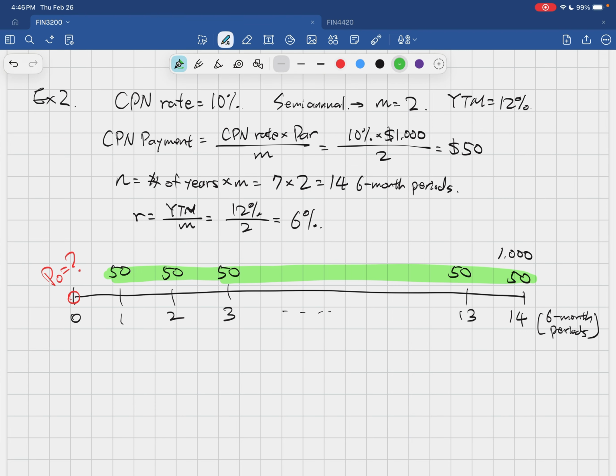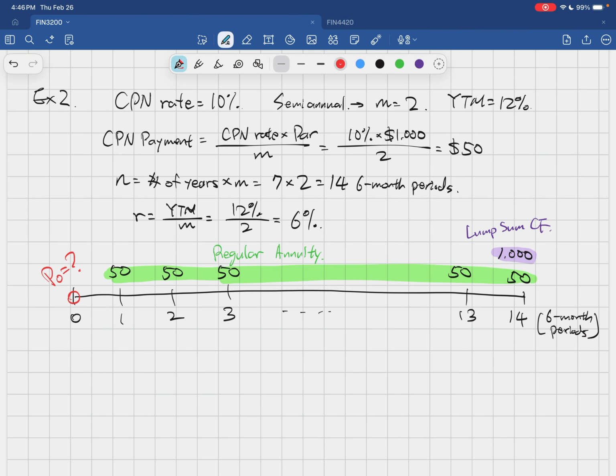This is a regular annuity. Okay. And the cash flow that remains is the $1,000. This is a one-time cash flow. We'll call this the lump sum cash flow. Okay. So the present value of this entire deal is then the present value of this annuity plus the present value of the lump sum component.